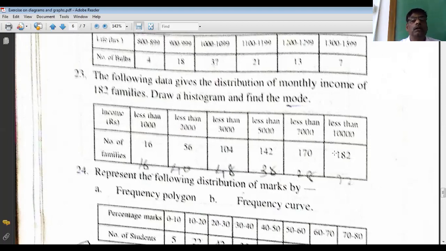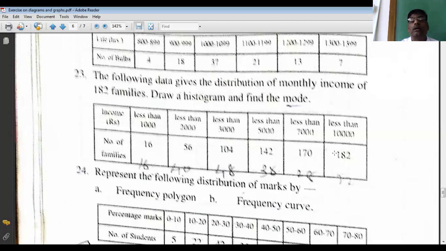So, modification of the classes: 0 to 1000, 1000 to 2000, 2000 to 3000, 3000 to 5000, 5000 to 7000, 7000 to 10,000. This is the class. Okay. And the values 16, 19 are cumulative.